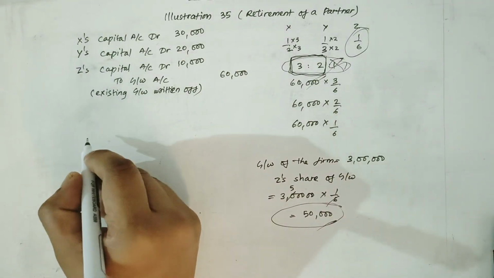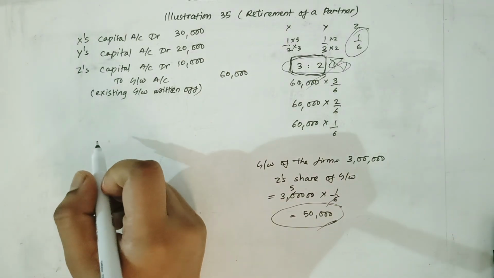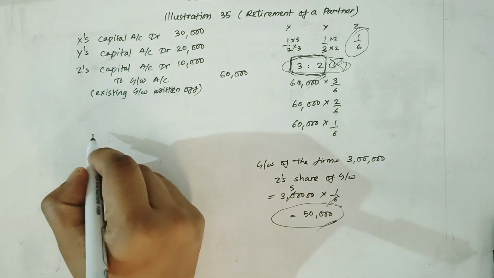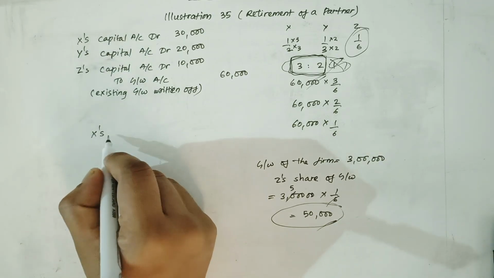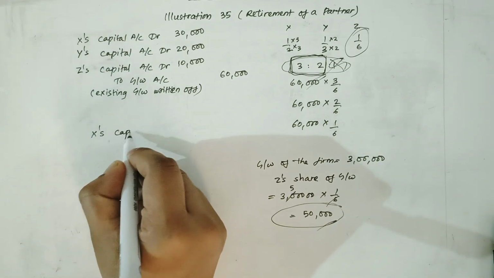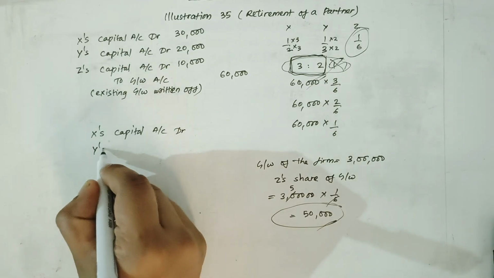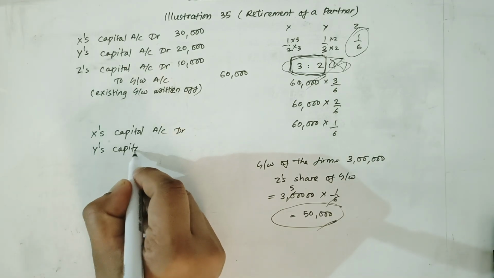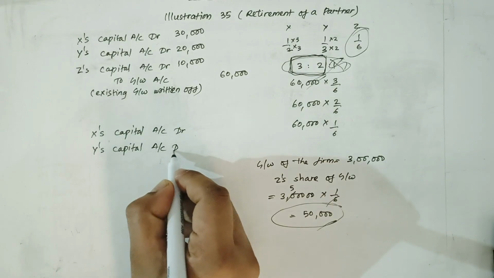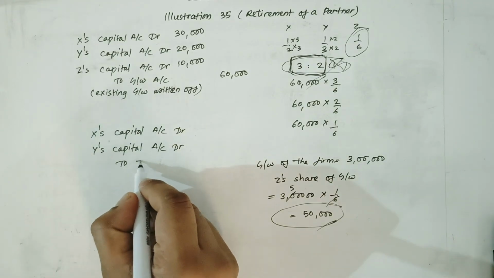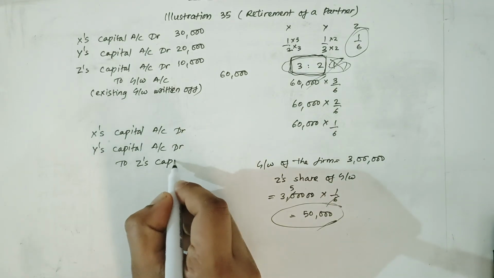The entry will be gaining partners capital account debit to retiring partners capital account. Here the gaining partners are X and Y. X capital account debit, Y's capital account debit to Z's capital account.